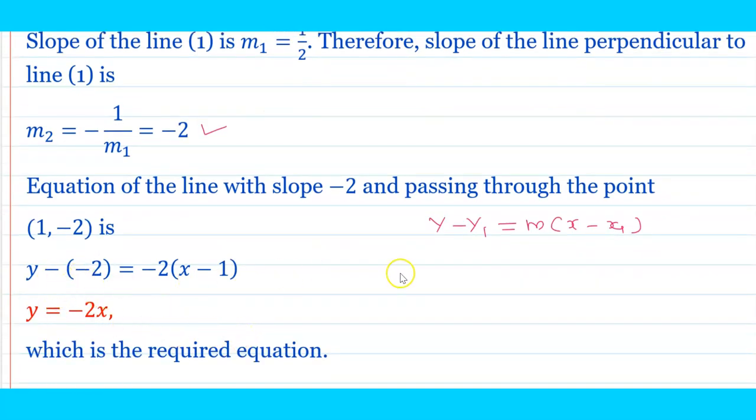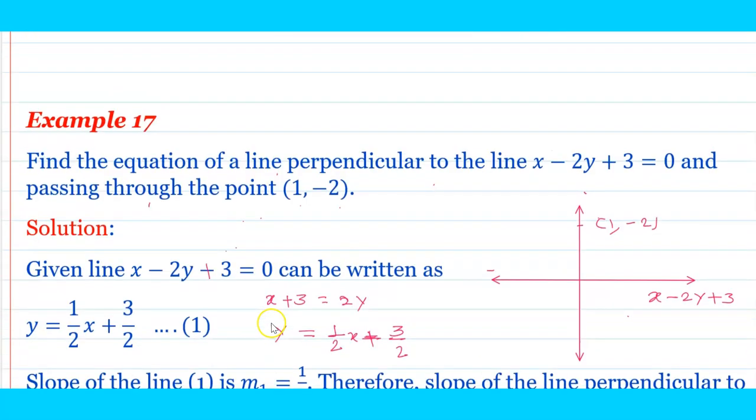Minus minus, that will become plus. Okay, y plus 2 is equals to minus 2x, and this is the plus 2. This 2 gets cancelled, and here you will get y equals to minus 2x, which is the required line.